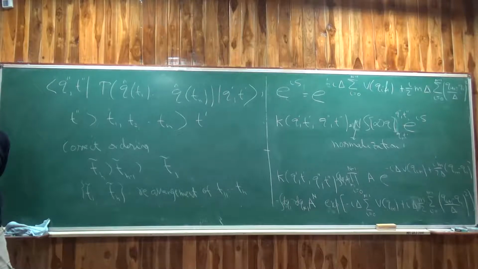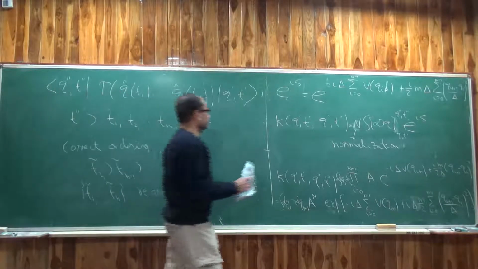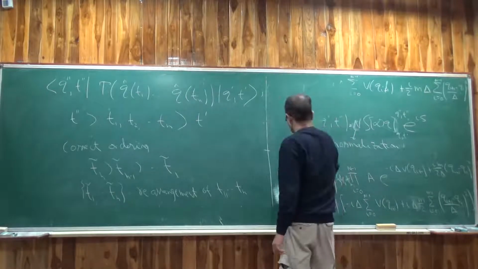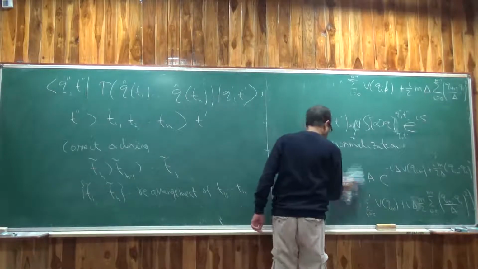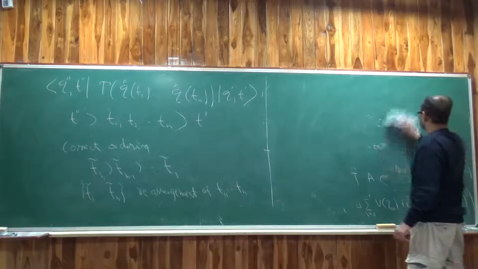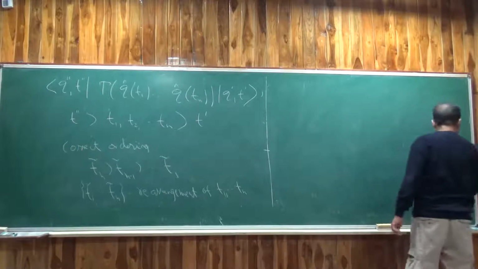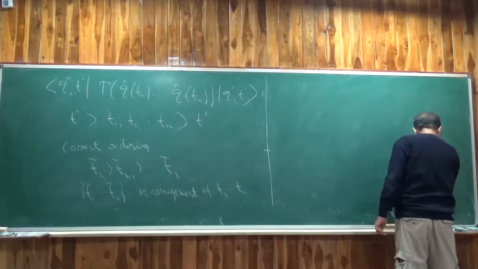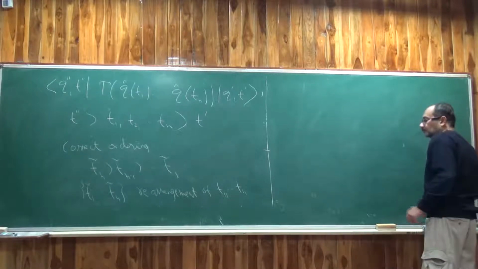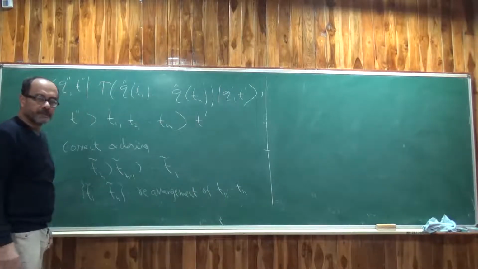Okay, t1 to tn may not have any ordering, but we just relabel these variables by t̃1 to t̃n so that they have the correct ordering.